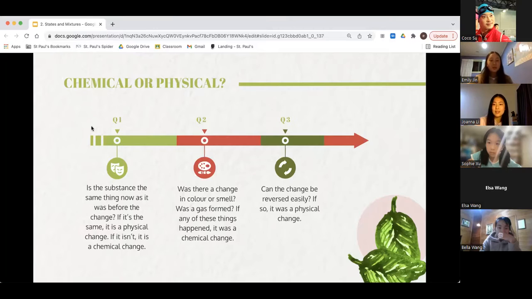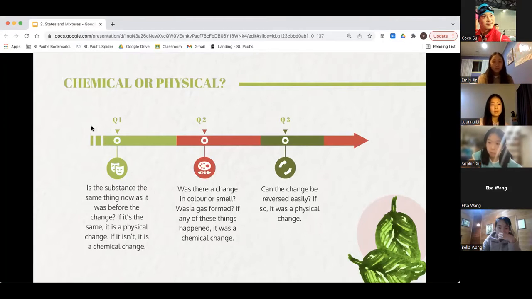So for physical and chemical changes, we ask ourselves, is the substance the same thing now as it was before? If it is the same, for example, if we just take boiling water, water's not going to change its properties all of a sudden if it becomes a solid like ice, or if it's a gas. It's still water. We're still dealing with the same molecules, and they haven't undergone any change.